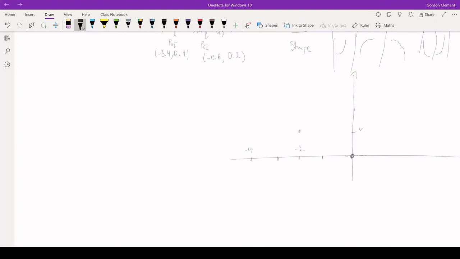So 0.54 for -2. Then -3.4 and 0.4, so I've got to be a bit below that somewhere. There's my one point of inflection, and -0.6 and -0.2, so wonderfully to scale, something like that.